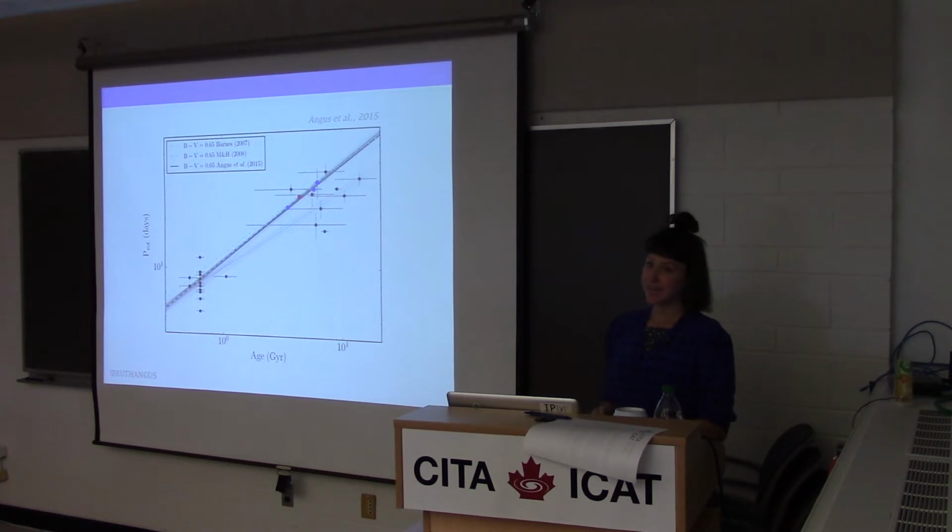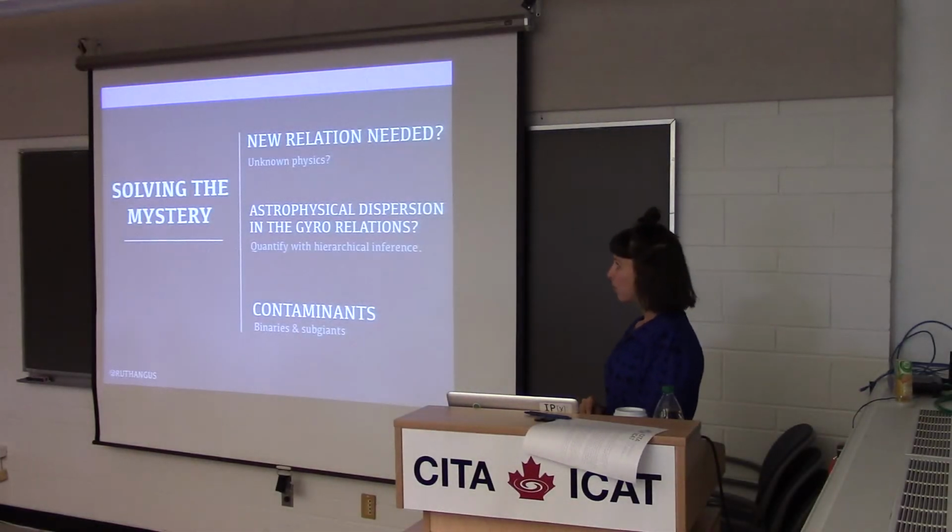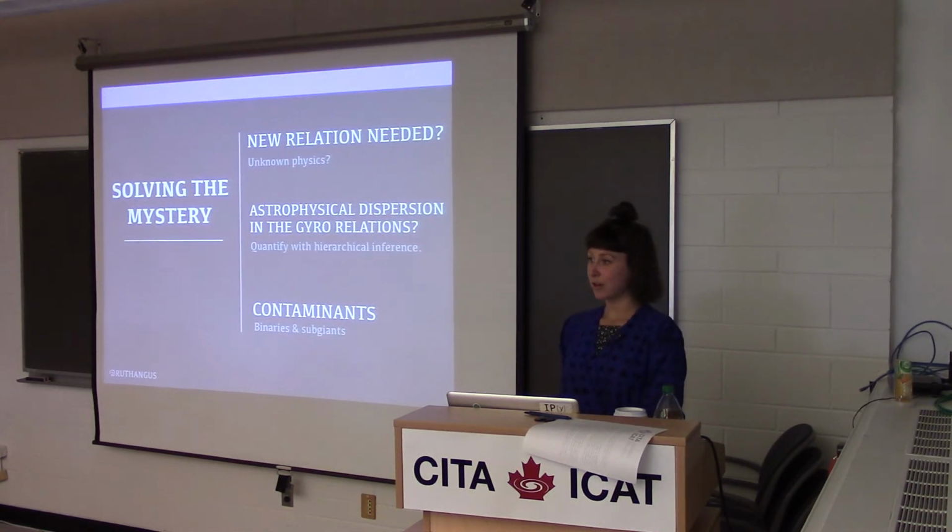The solid black line is the highest likelihood sample we saw. So the first potential cause is that we need a new gyrochronology relation. One sort of relation that you might imagine working for these stars is that perhaps at some age the magnetic dynamo changes form slightly, or the rotational response to the magnetic dynamo changes, and stars start losing angular momentum more slowly.